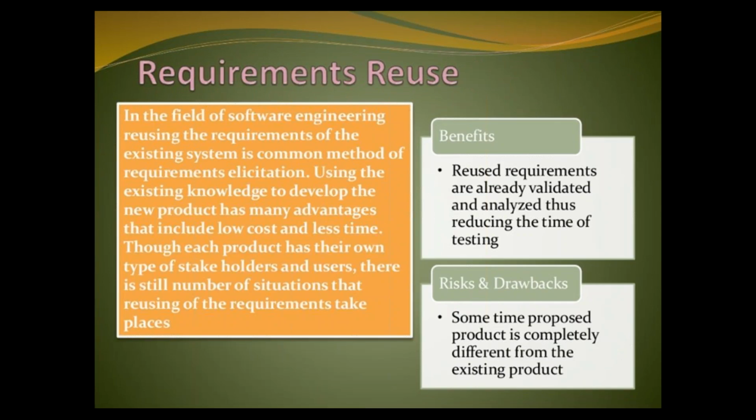Requirements reuse. You have gathered a requirement and you can reuse the requirements which you have already gathered to satisfy some particular functionality of the system. So thereby you can reduce the time. So this is a very simple, straightforward thing.